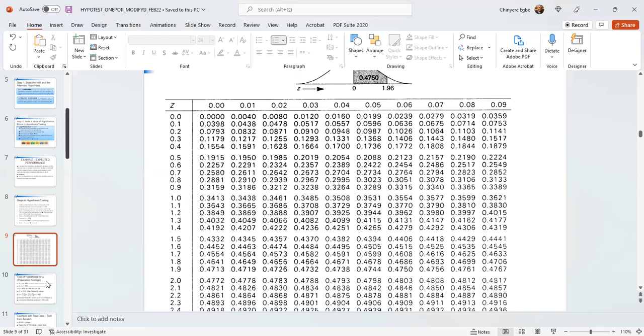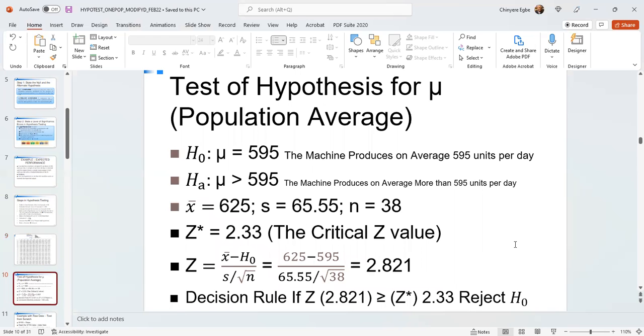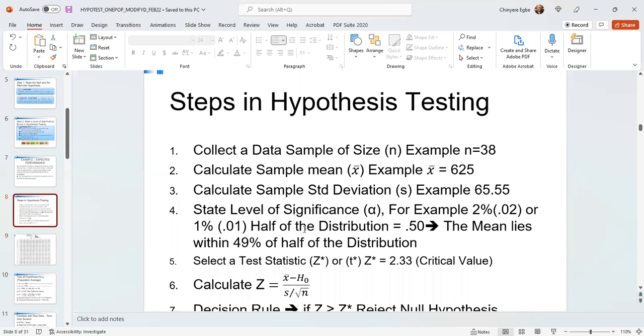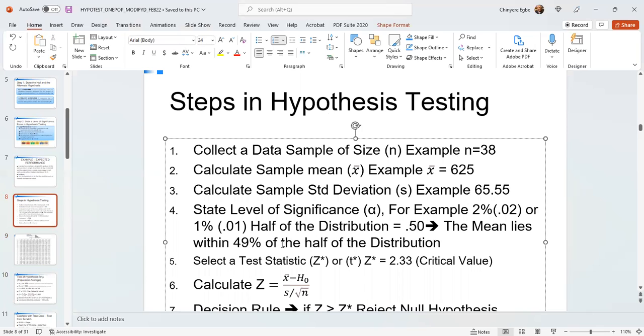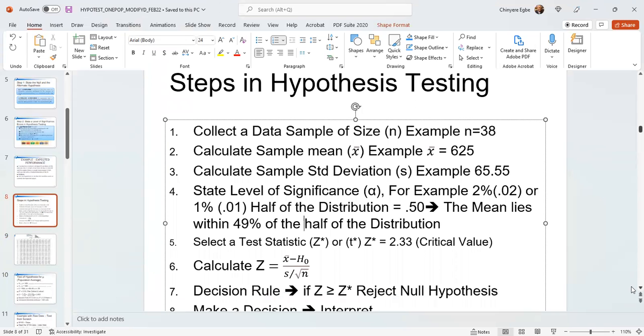That's how we got the critical value of 2.33, because we have a 1% level of significance. The mean lies within 49% of the half of the distribution, so we look for 0.49, and the corresponding Z value is 2.33.